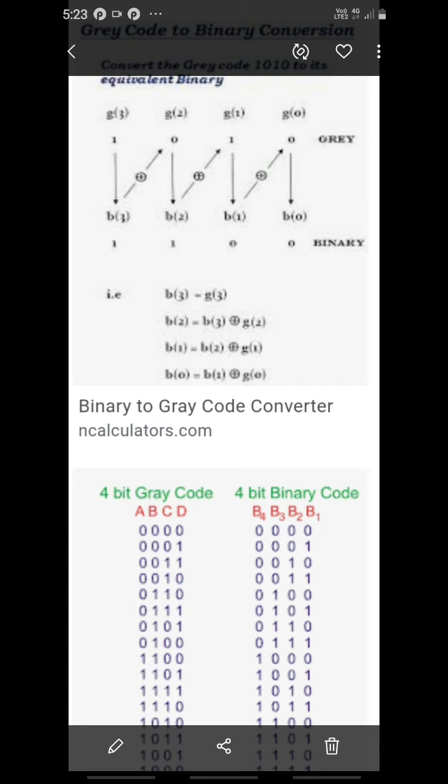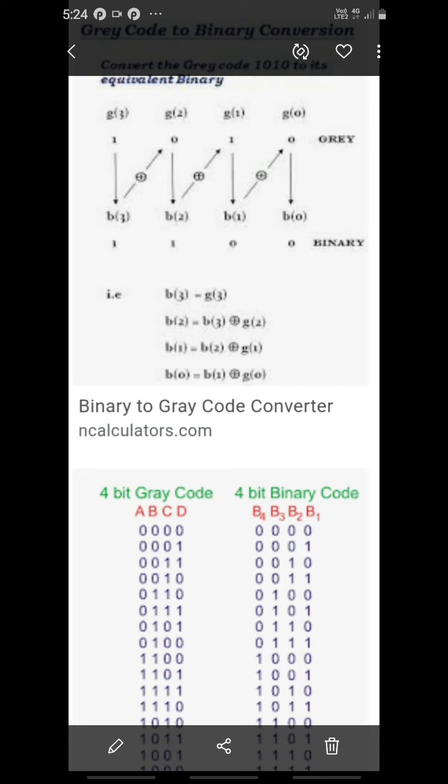So take the MSB as it is, 1, and this 1 is added with the next bit, that is 1 plus 0 is 1, and this 1 is added with the next bit, 1 plus 1 is 0, and this 0 is added with the next bit, 0 plus 0 is 0.